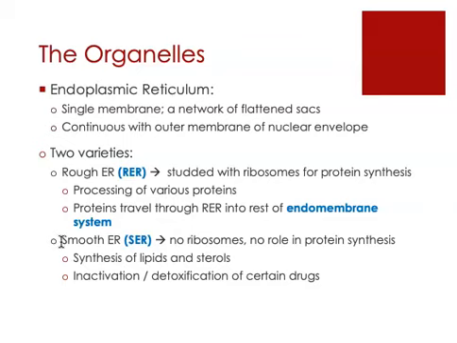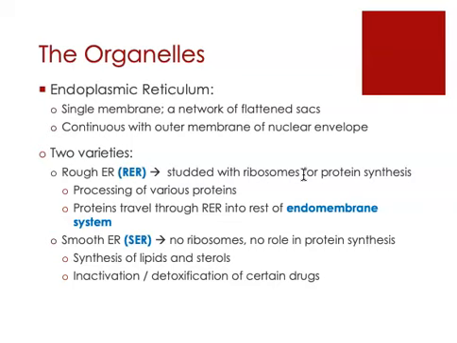So the rough endoplasmic reticulum got its name because when scientists examined it under the microscope, the surface of this organelle looked very rough, bumpy, in other words, lumpy on the outside. And the reason for those bumps, the reason for that rough surface, is that there are a whole bunch of ribosomes located on the outer surface of this organelle.